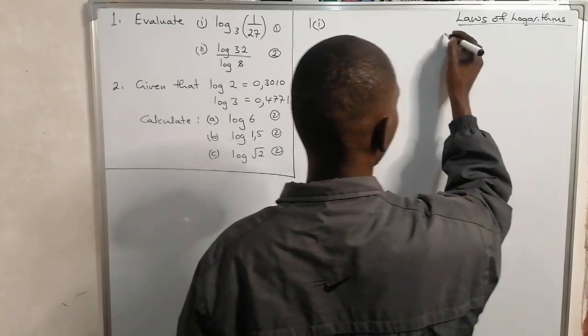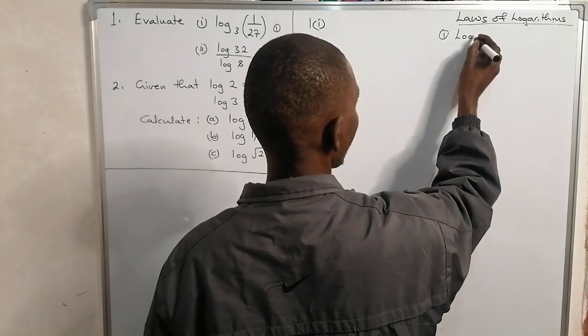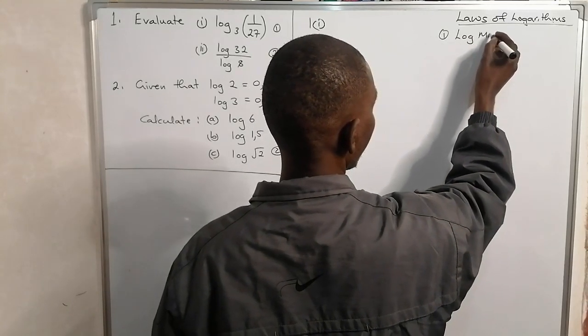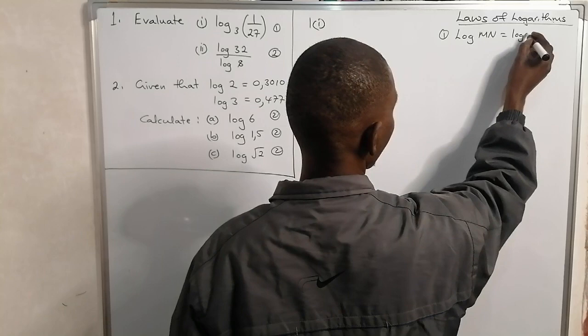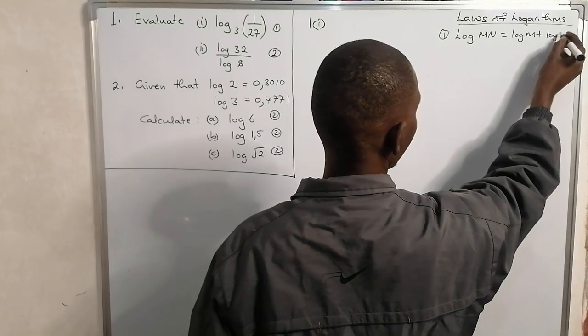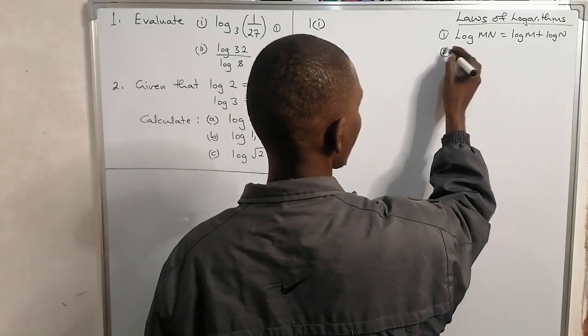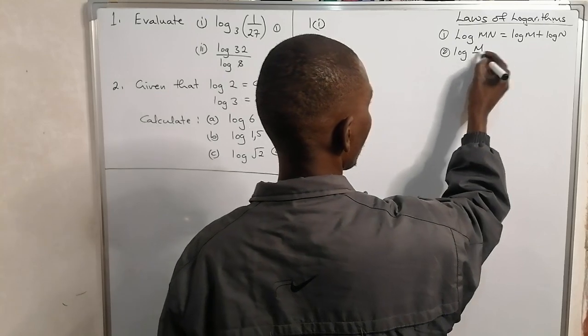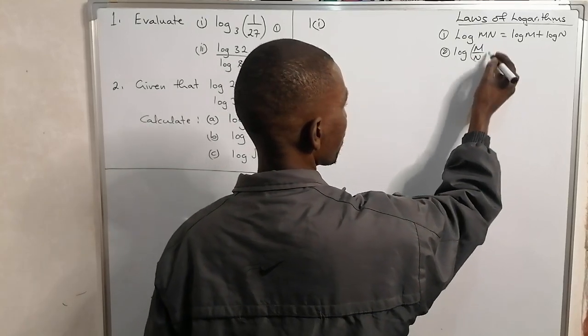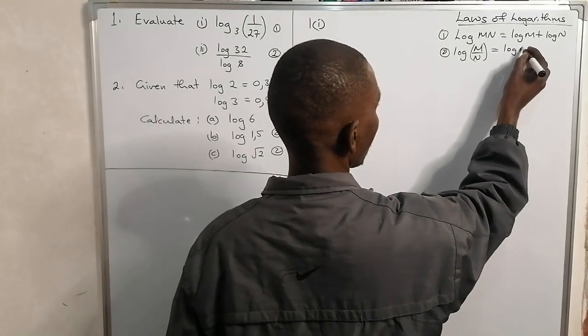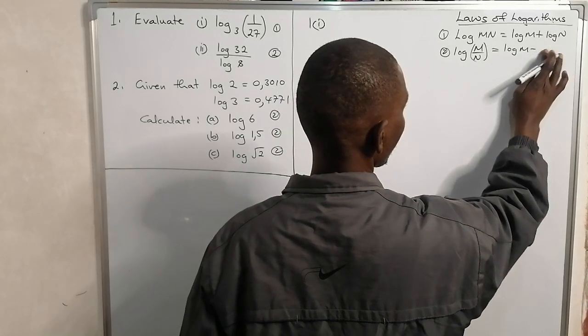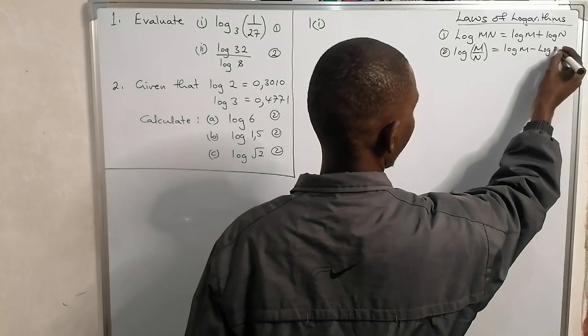We have law number 1, which states that log mn is the same as log m plus log n. Then number 2, log m over n is the same as log m minus log n.